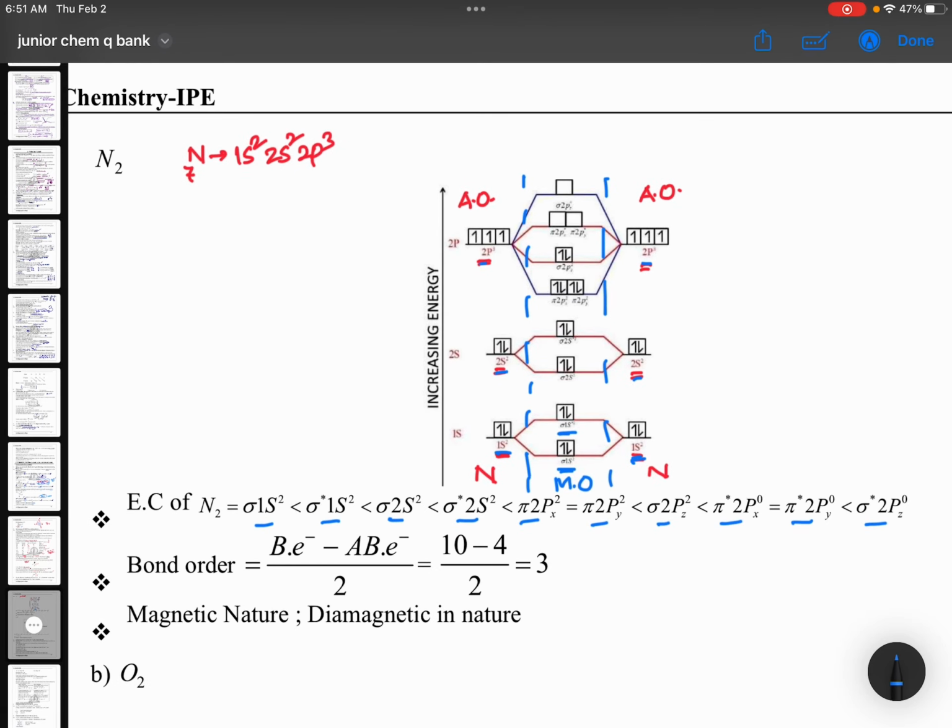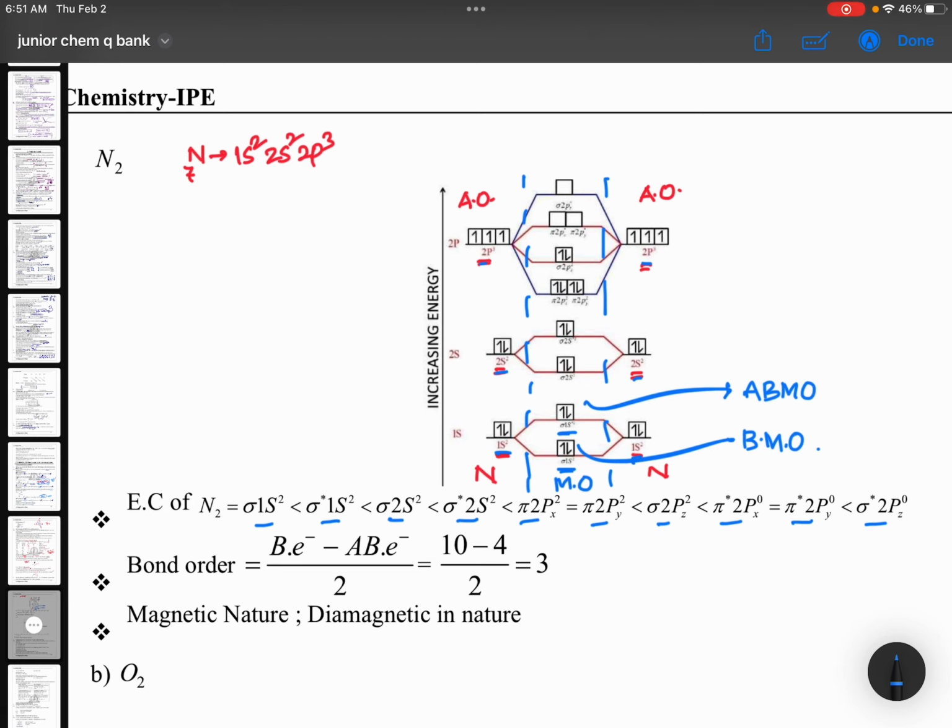The lower orbital is called a bonding molecular orbital, which gives stability, and this is called anti-bonding molecular orbital. Just for idea. All these are not required here. You can directly show like this.